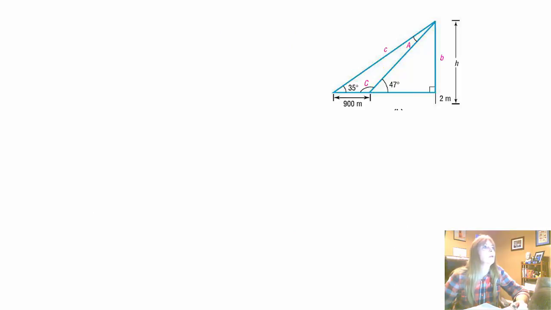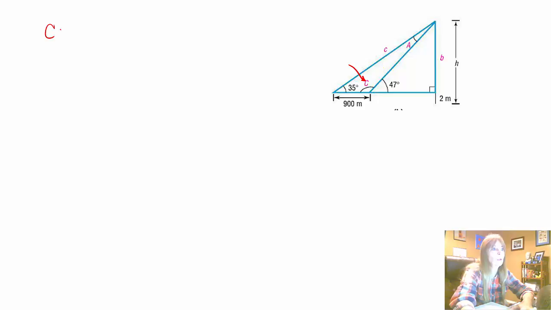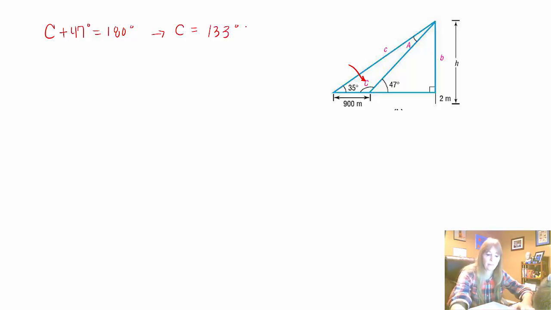All right, if I look at C, this is on a straight line with the 47 degrees. So I know C plus the 47 degrees must equal 180 degrees. And so therefore I can get that angle.